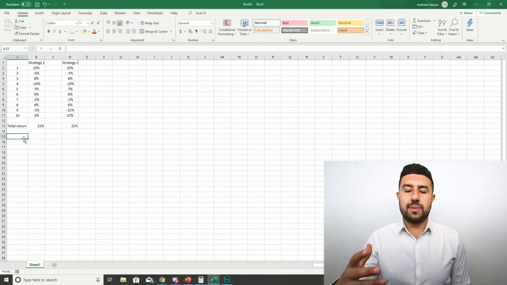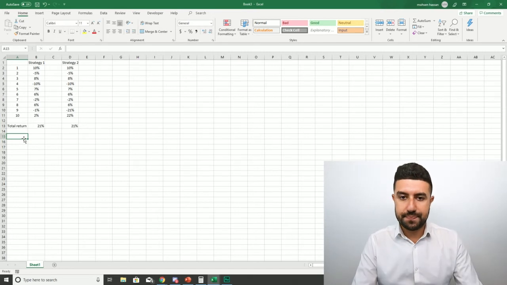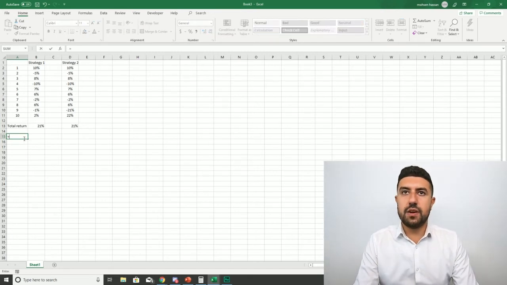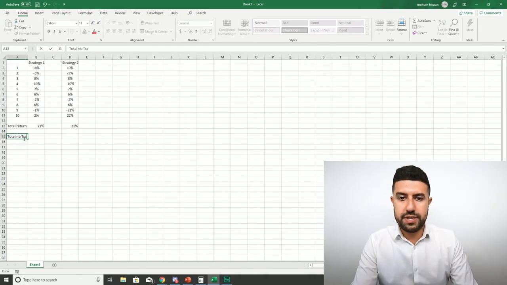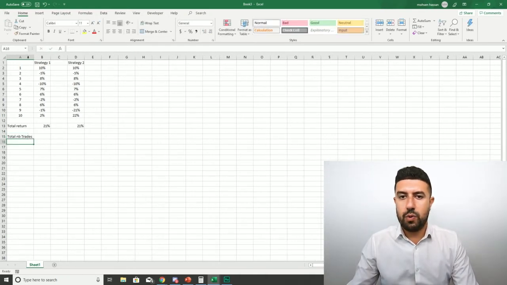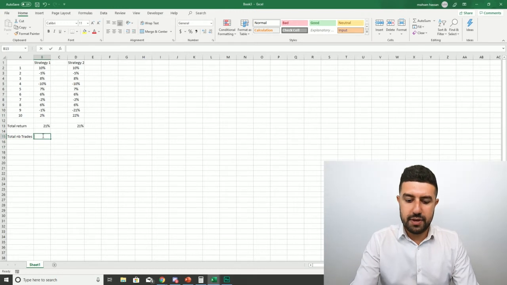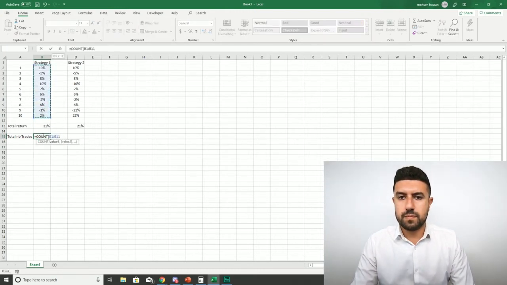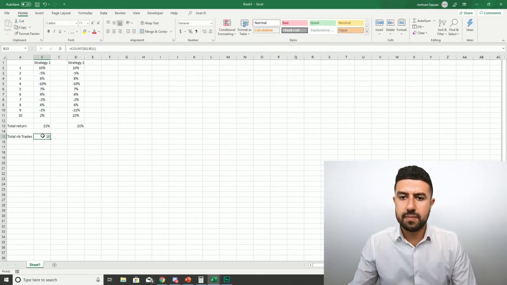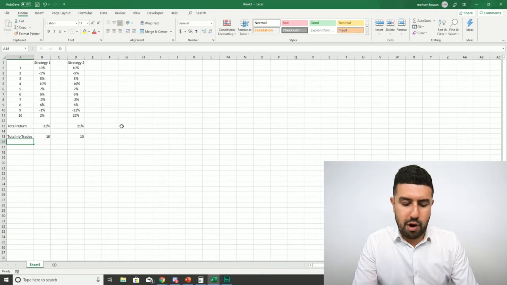So let's calculate some other statistics about these trades. First off, how many trades did I have? Total number of trades, I can just count them. There's 10. I can use the count function. There's 10, I can copy it here. So 10 trades. How many of these trades were profitable?